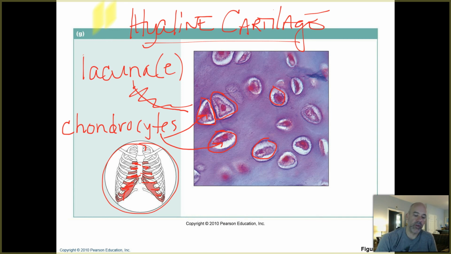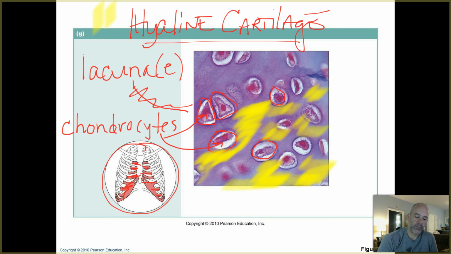These are the cells that actually manufacture the components of the cartilage. All this purple stuff you see here, it's not really purple, it's just taken up a purple dye that they use to prepare this tissue. That's your extracellular matrix of the cartilage tissue.